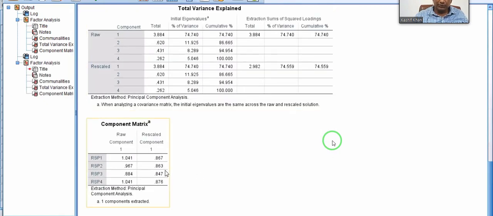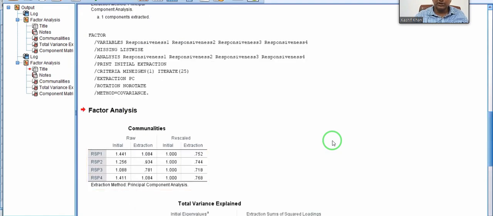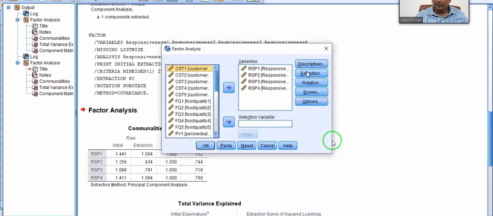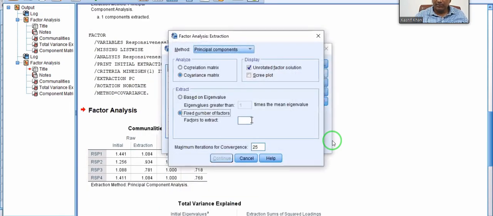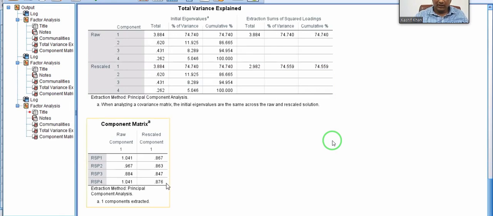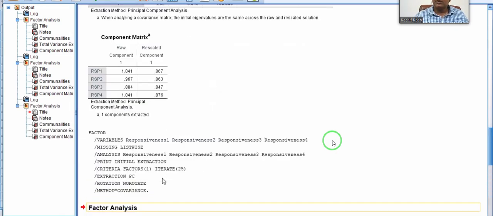Again, these values are 0.87, 0.863, 0.847. Let me do it the other way. Let's see how it comes out. Analyze, just for my own understanding, extraction. Let me force it to 1. Let's see what happens. It remains almost the same.